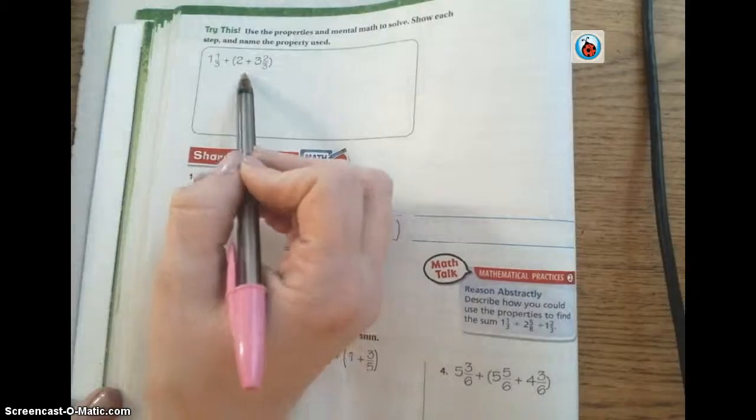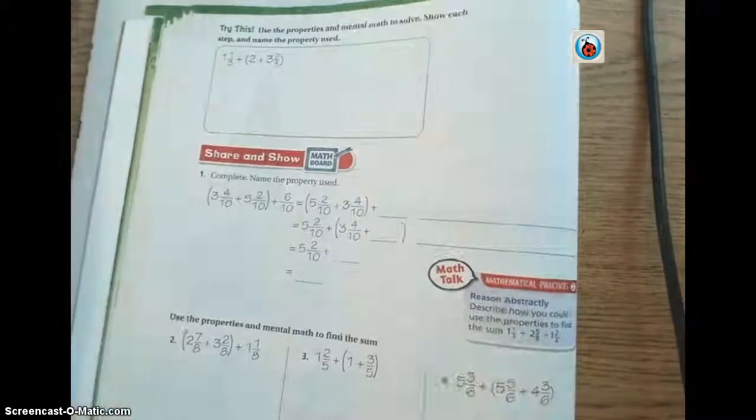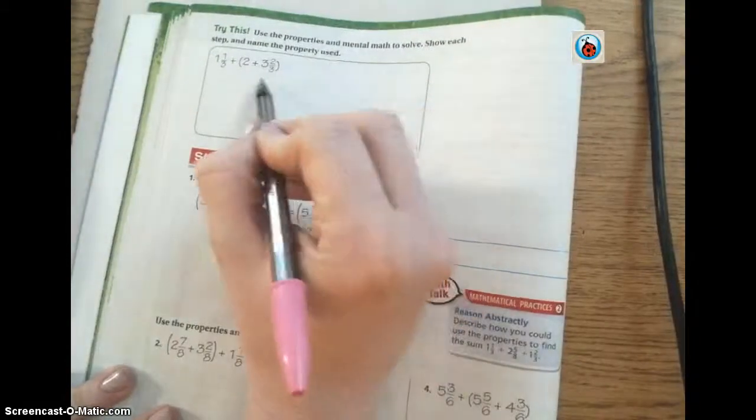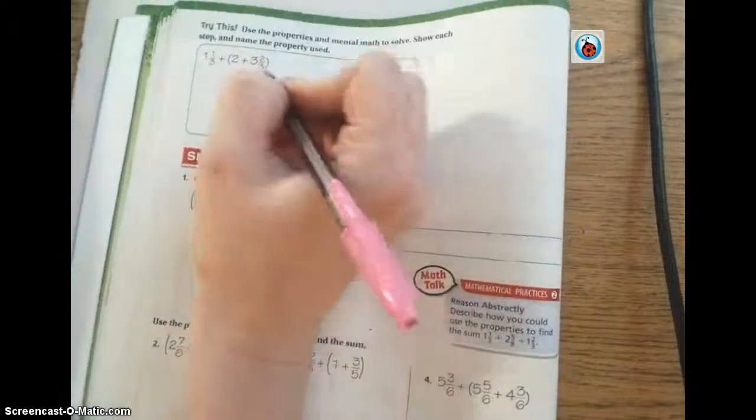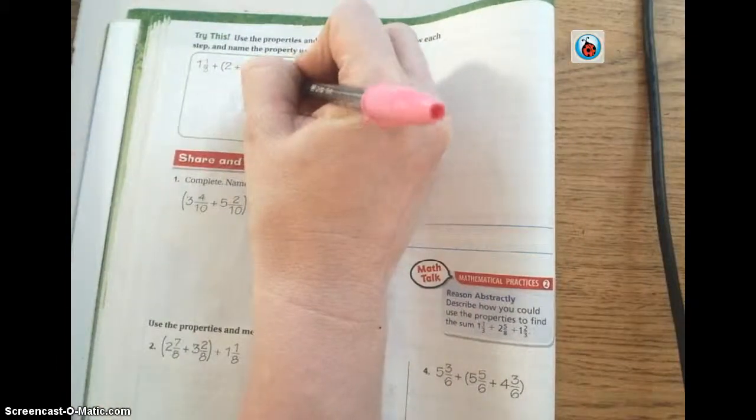So we are going to use the commutative property. So write that over to the side.